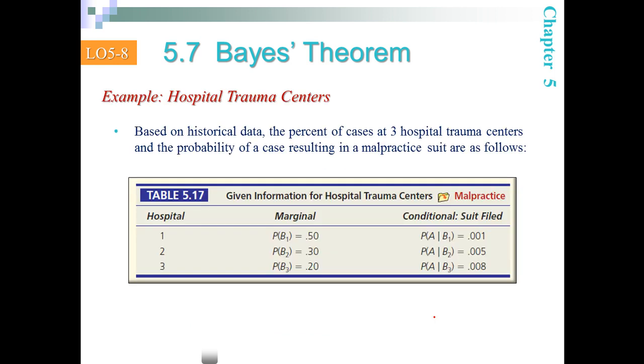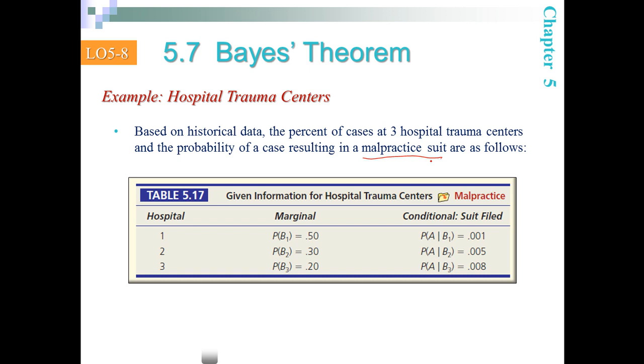So let's look at an example. We've got a hospital that has trauma centers, and I guess each hospital has a trauma center. So there are 3 hospital trauma centers, and these hospitals have malpractice lawsuits that come against them at a certain rate.